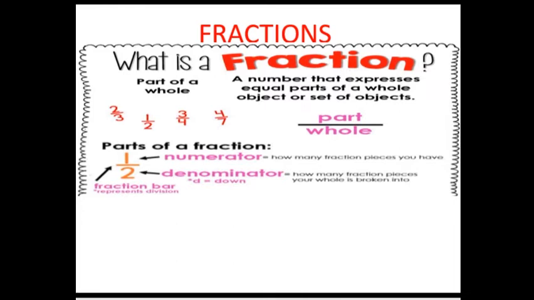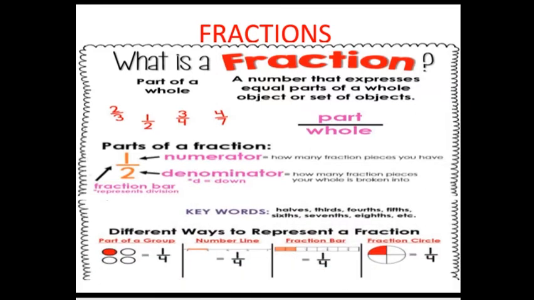D for down, that is denominator. How many fraction pieces is your whole broken into? Now some keywords we have. Here halves, thirds, fourths, like we will do 1 by 2, 1 by 3, 1 by 4, 1 by 5, 1 by 6, and so on.